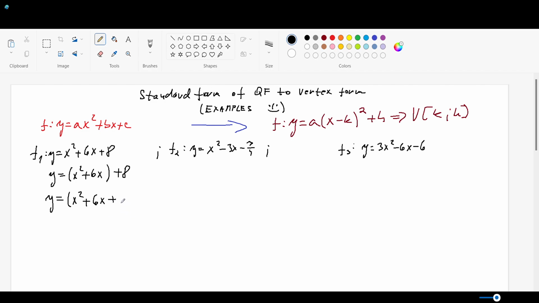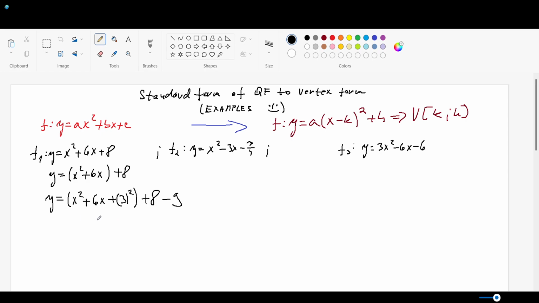Half of 6 is 3, squared, plus 8, but as we added the number 9 here, we have to take away the number 9, so that this expression is really the same thing as the expression above.